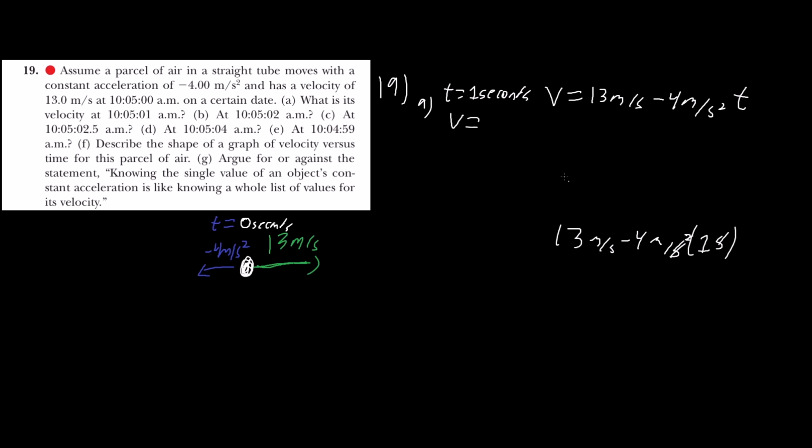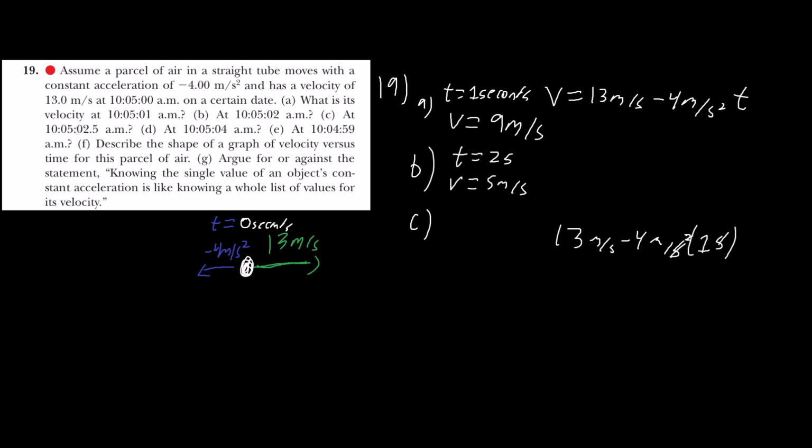So 13 minus 4 is 9 meters per second. And for part B, we do the same thing at 2 seconds. You can do this in your head. The velocity here would be 5 meters per second. So notice as time increases, the velocity decreases, and that's expected.